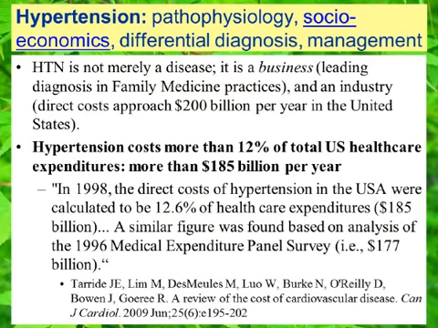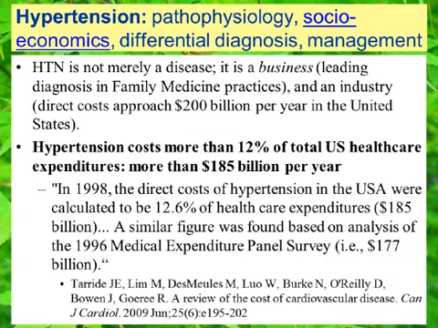If we look at hypertension from a socioeconomic perspective, we see that hypertension is not merely a disease, it is also a business. Hypertension is the leading diagnosis in the practice of family medicine. We also see that hypertension is an industry that has direct costs approaching $200 billion per year in the United States alone. Hypertension costs more than 12% of total U.S. healthcare expenditures, more than $185 billion per year, according to figures relevant to 1998.